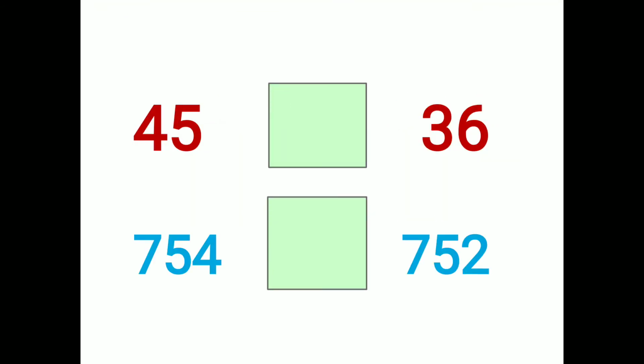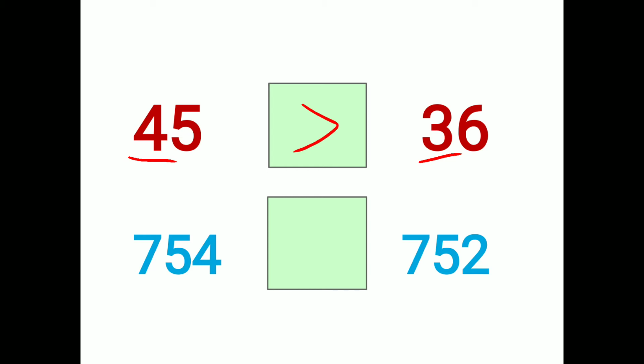Now let's do some exercise. 45 and 36. So while comparing tens place numbers, here we have 4 and here we have 3. So 4 is greater than 3. So here we need to put the greater than sign. Next numbers we have are 754 and 752.